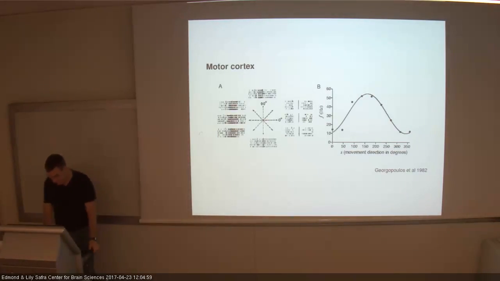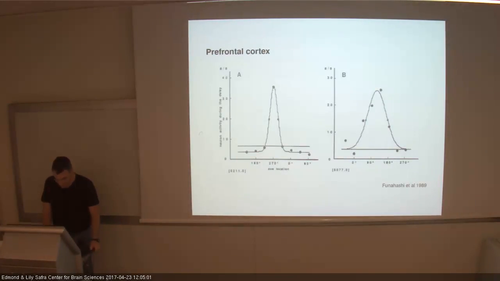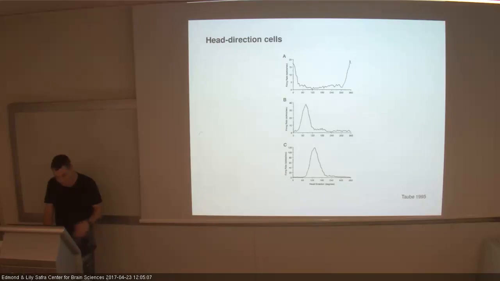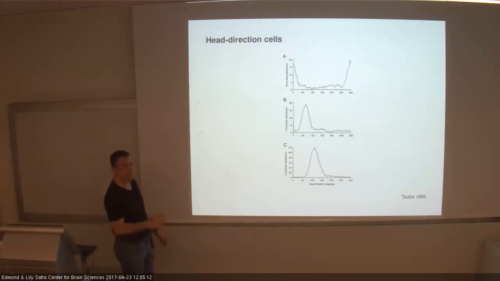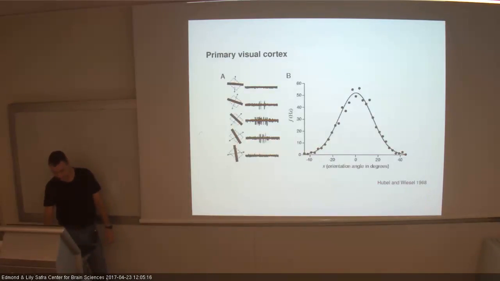So this is another example of selectivity. This is in the prefrontal cortex. These are head direction cells encoding the direction of the head of the animal, and so on and so forth.